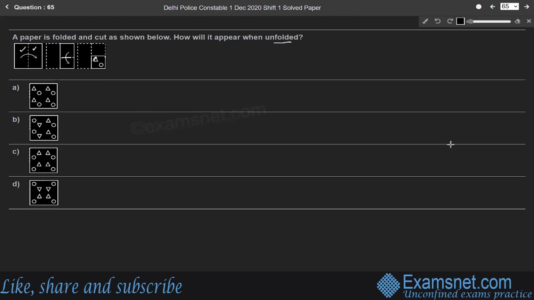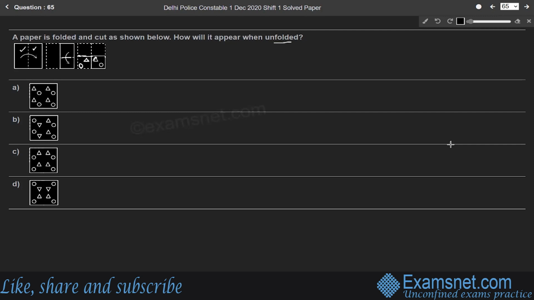Therefore, when it is unfolded, in the lower part of the square, we will get the image of the triangle like this, which is upright, right? And also a circle which is diagonally opposite.